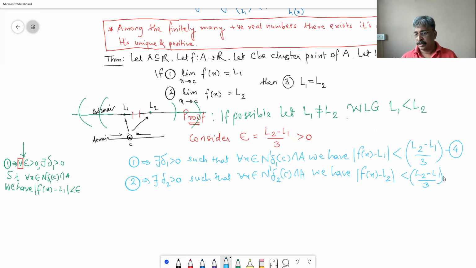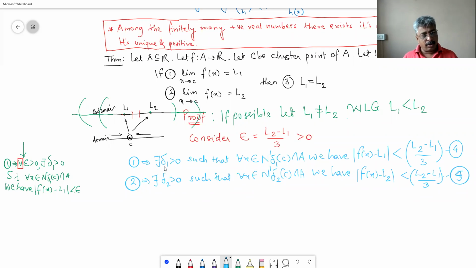This is statement number 5. Up to this point, is there any doubt? We have wisely chosen. You can choose L2 minus L1 by 4. Even L2 minus L1 by 2 is fine. But we have some points between these two epsilons and we are going to contradict for one epsilon.